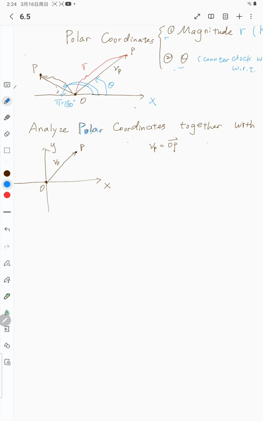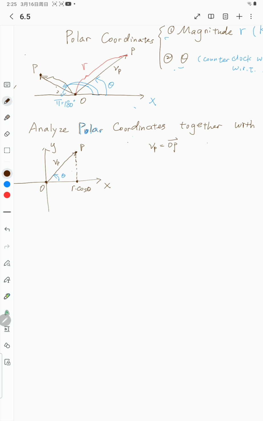And so if I have the shadow of P onto the x-axis, here on the x-axis is gonna be, what is this, using sine and cosine. Here is R times cosine theta, right?